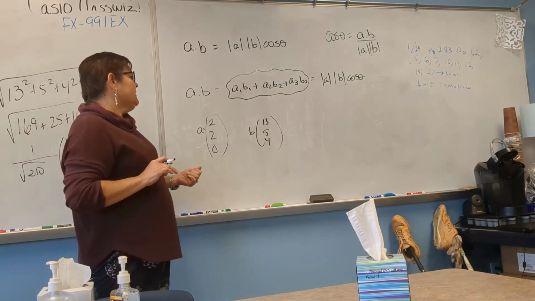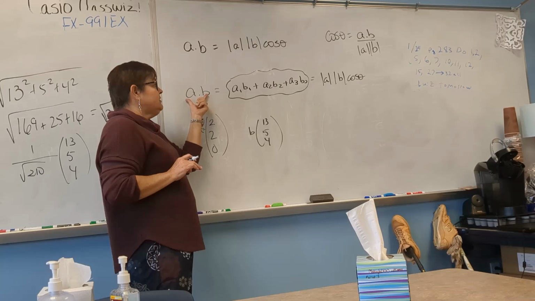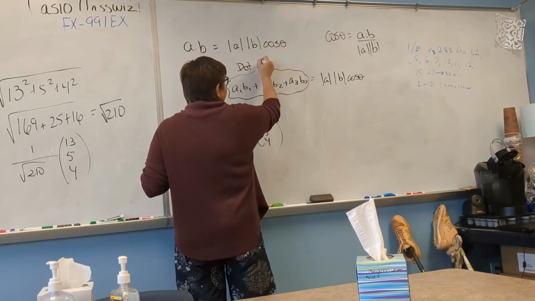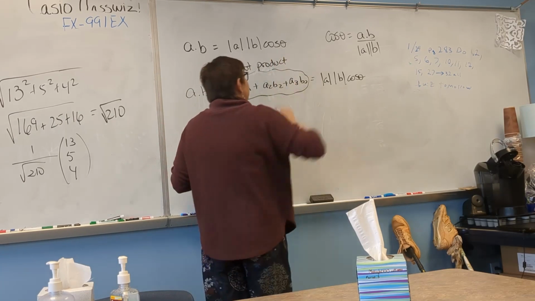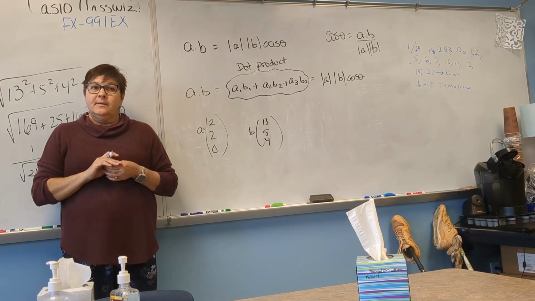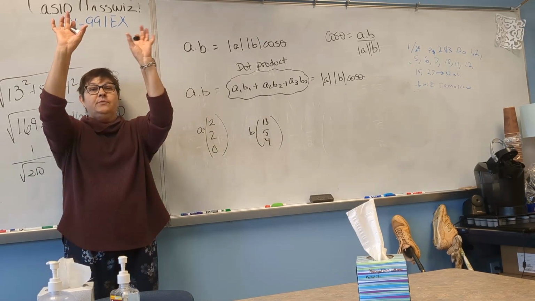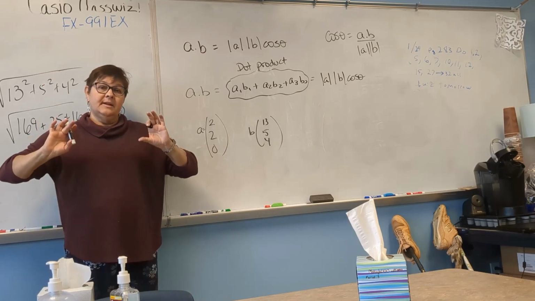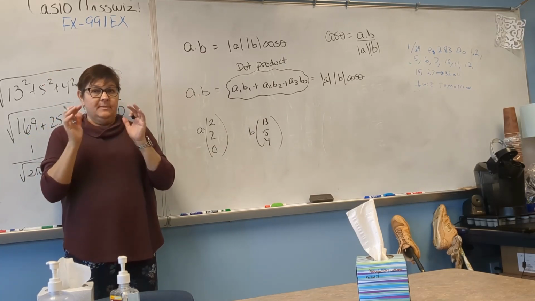So here's how this works. We're going to find the dot product, and that is this part right here. The dot product is another way of saying I am going to multiply. The way that you dot product something is you take the things that belong together for i, the things that belong together for j, and the things that belong together for k, and then you multiply them individually.